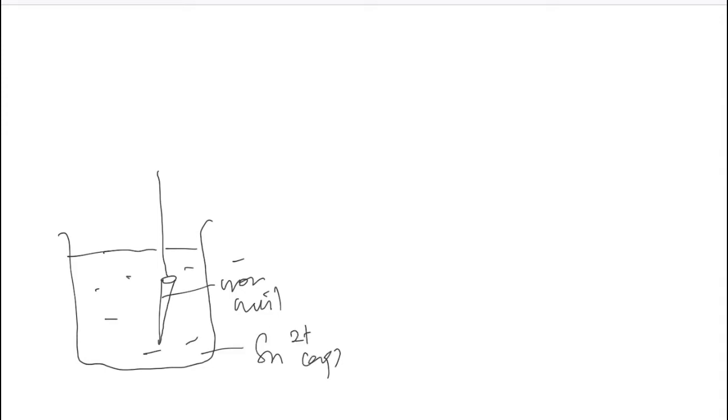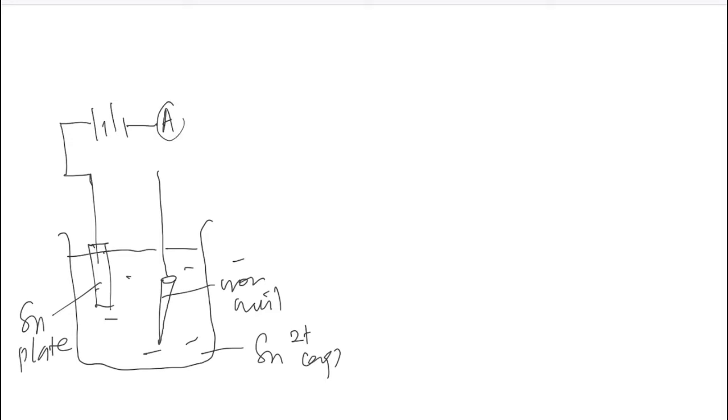The electrolyte should contain the ions that we want to use for electroplating, that is tin over here. And we also need what we call a tin plate or tin electrode. And they are connected to a battery, of course. Obviously, we have an ammeter, then we have a rheostat and so on.